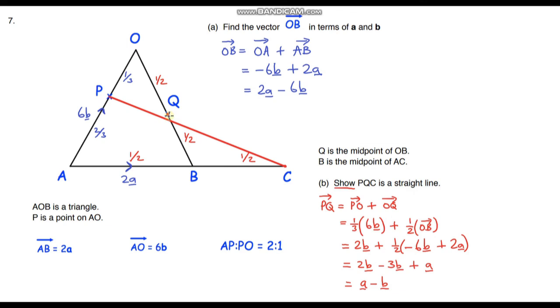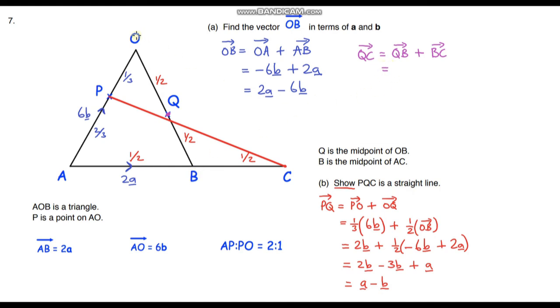Now we need to work out the vector QC. So QC, and this does take a while. How can we get from Q to C? Well, we can go from Q to B and then B to C. So QB plus BC. So what is QB? Well, I know that OQ is exactly the same as QB, because Q is halfway between O and B. So these two vectors are the same.